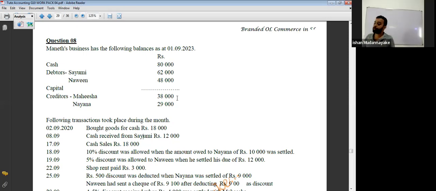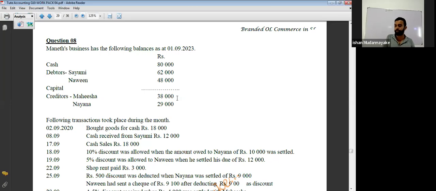Students, in this question, you need to calculate capital of the business. How to calculate capital of the business? Assets minus liabilities. Then you can calculate capital of the business and prepare the capital account also.